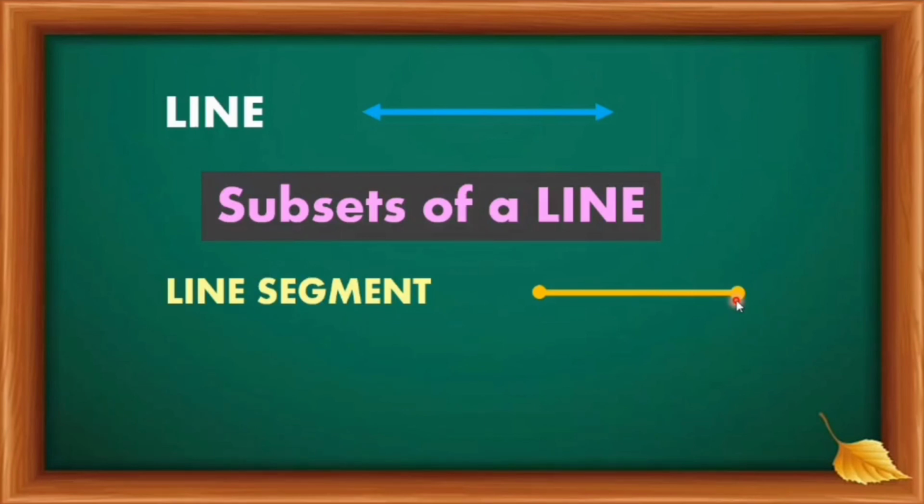Ibig sabihin, fixed yung length niya, definite. And we also have ray. As we can see, it has one endpoint and one arrowhead, meaning in this direction, a ray can extend infinitely. So therefore, its length is indefinite or infinite.